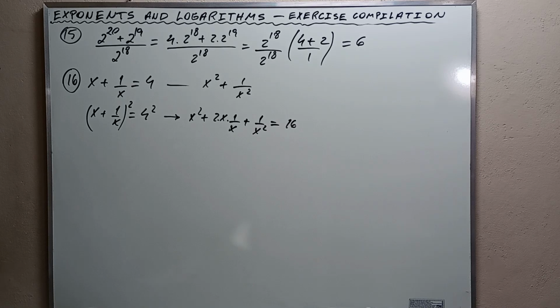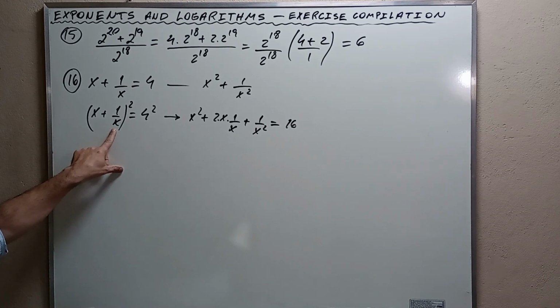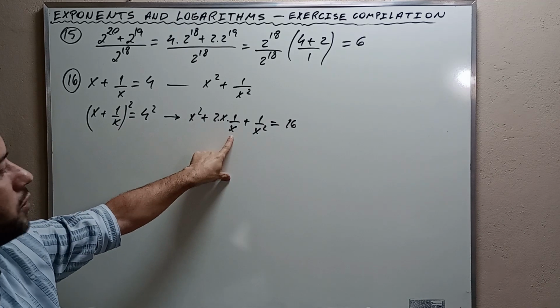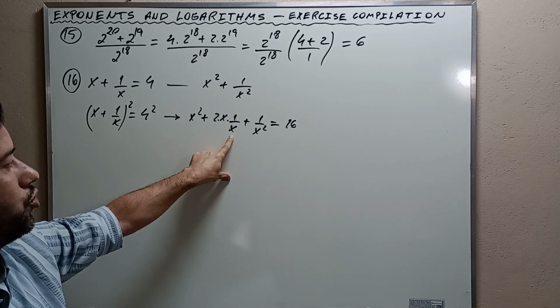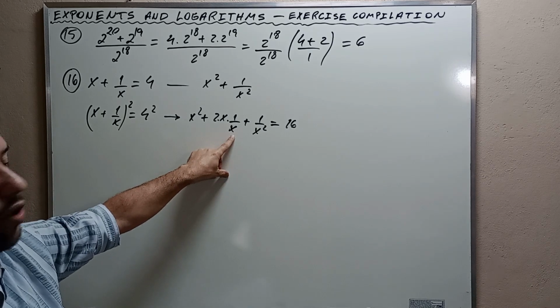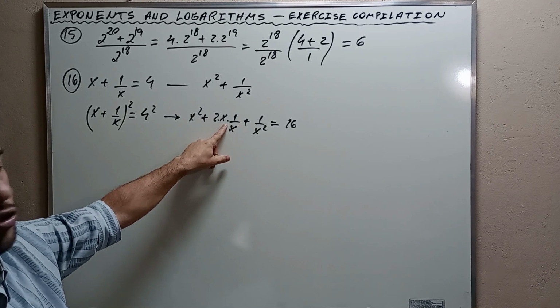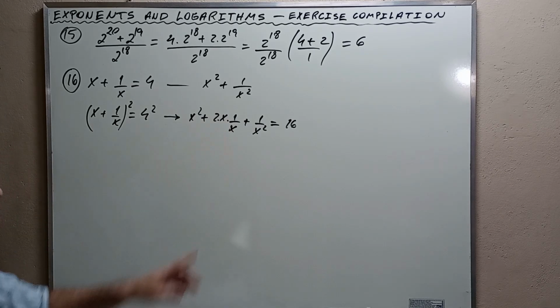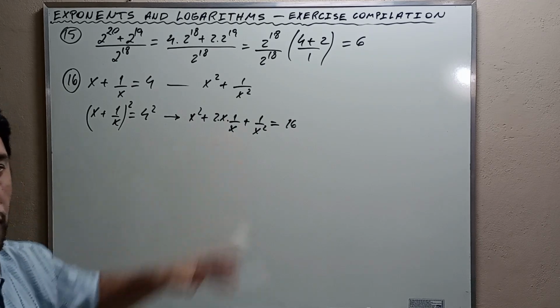Okay? Frequently we use x to represent times, but here, to not be confused, we're going to use the dot to represent times whenever we're using x for other purposes.